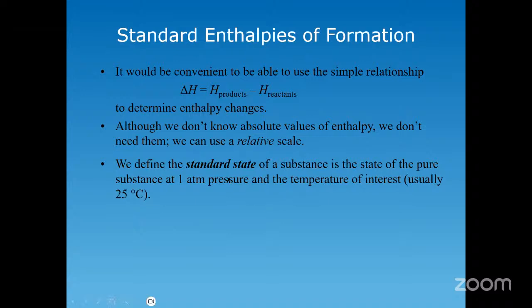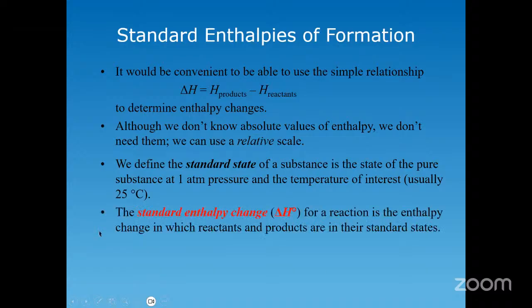The standard condition defined was that if there are any gases present, then the pressure of those gases would be 1 atmosphere, and the temperature for all the substances involved would be 25 degrees Celsius. Once those conditions are set and you measure the delta H under them, that delta H value is called the standard enthalpy change. It is symbolized by delta H with a small o or 0 as a superscript.